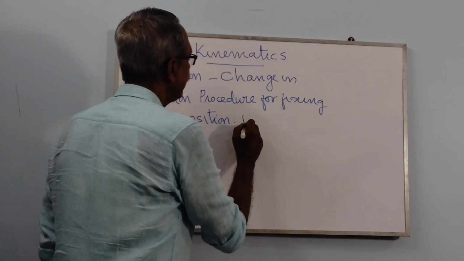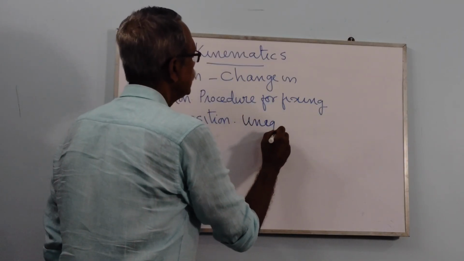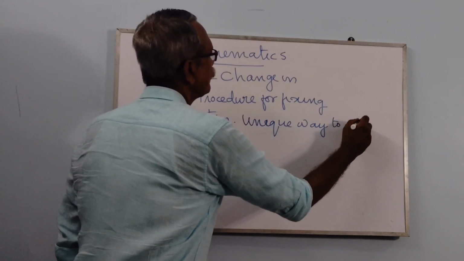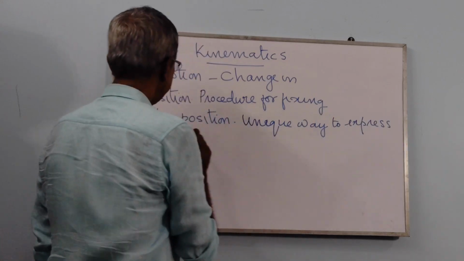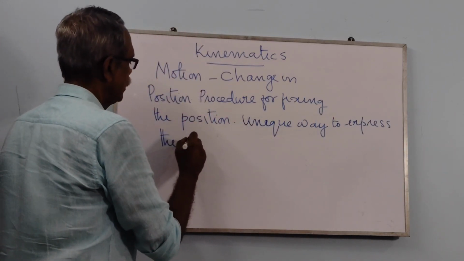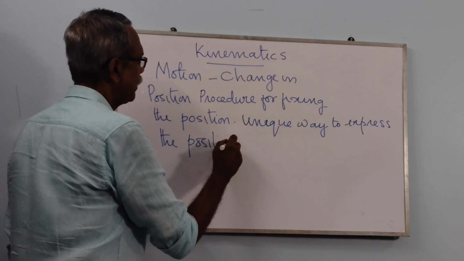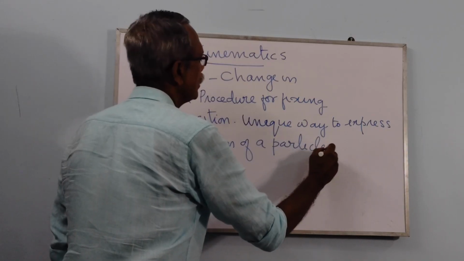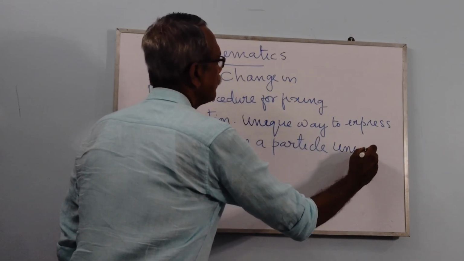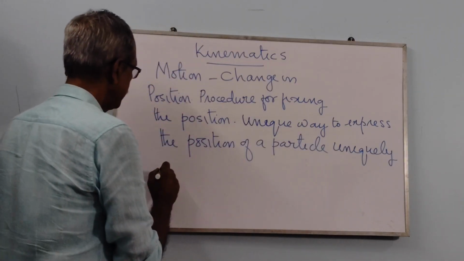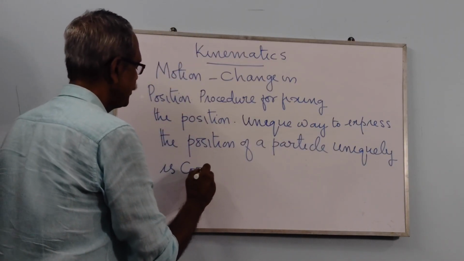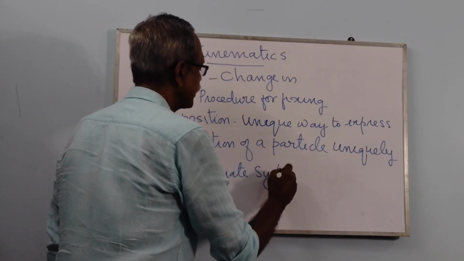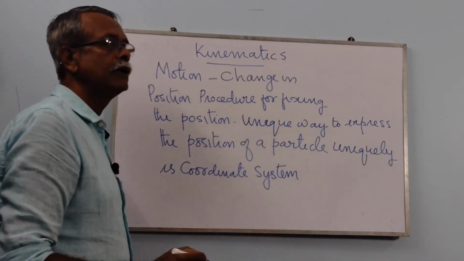The unique way to express or represent the position of a particle is a coordinate system. So the position of the particle is described by a coordinate system.